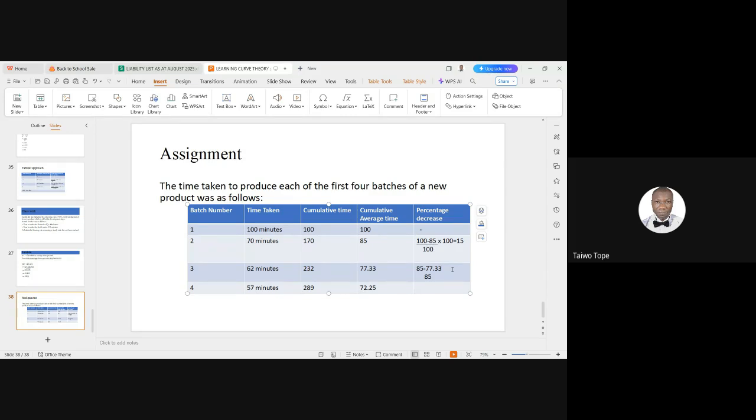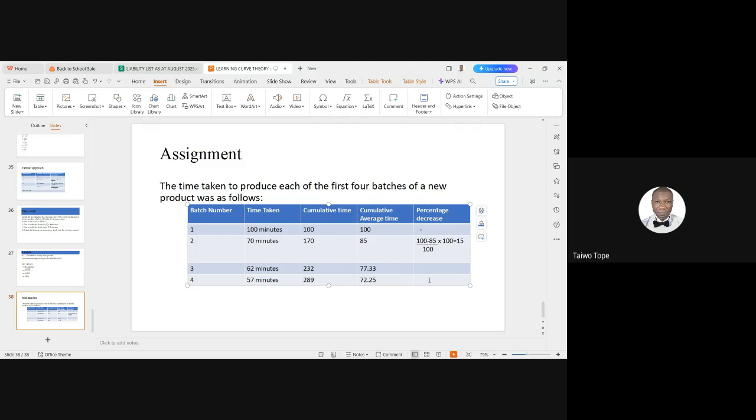The result will be 9%. You are not making use of it, sir. You don't need this. It is 9.02, but we don't need it, to avoid confusion.